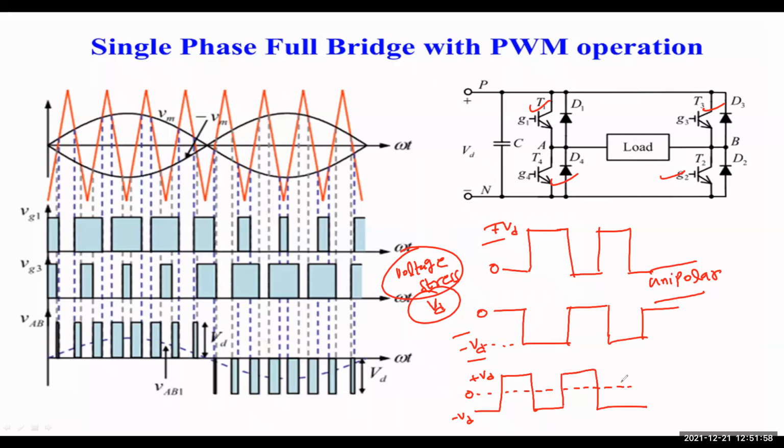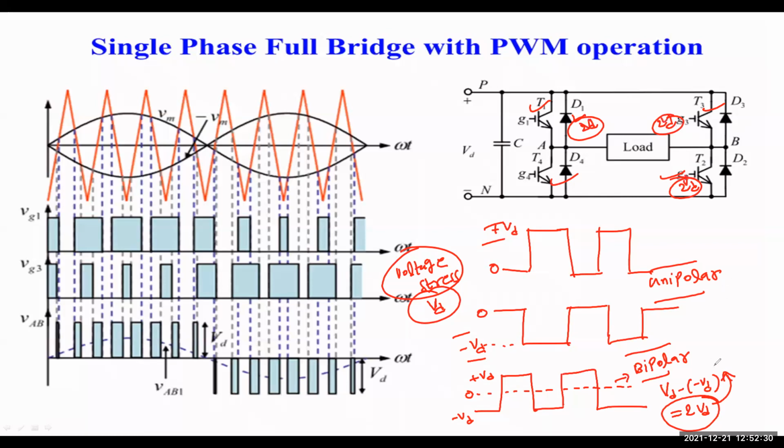But in bipolar operation, the voltage stress across the devices is increased by 2 times. That is VD minus minus VD, equal to 2 times the voltage. So this much voltage stress, 2 VD, is applied across the switching devices.